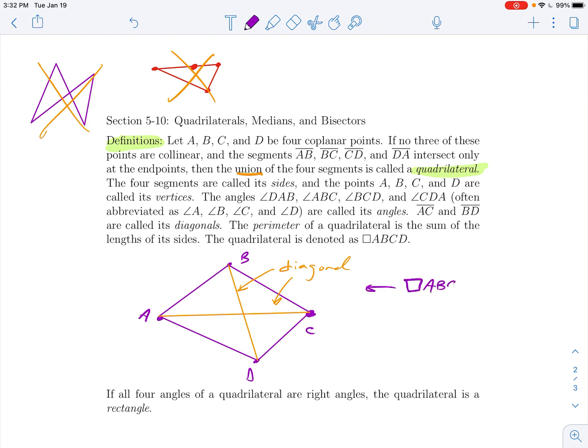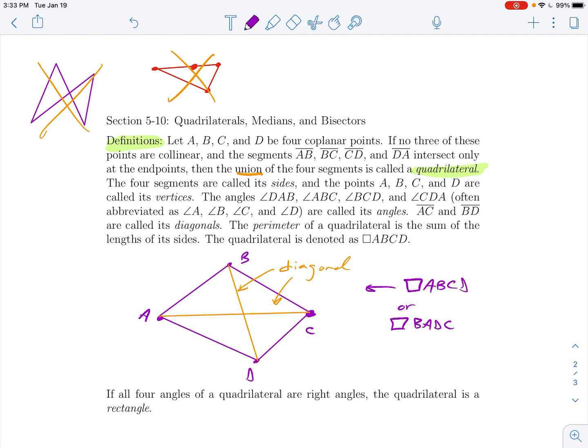And then we write A, B, C, D. Now, this order matters. We're saying we go around A to B to C to D. We have some flexibility. Another way you could have named this, for example, is B, A, D, C. I go from B to A to D to C. But you can't just randomly write letters.